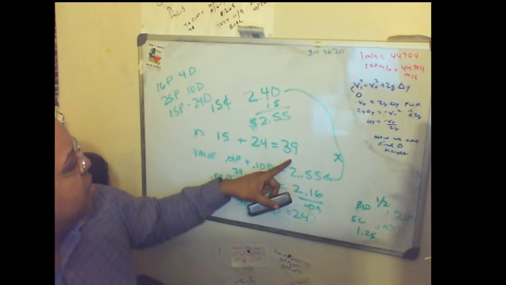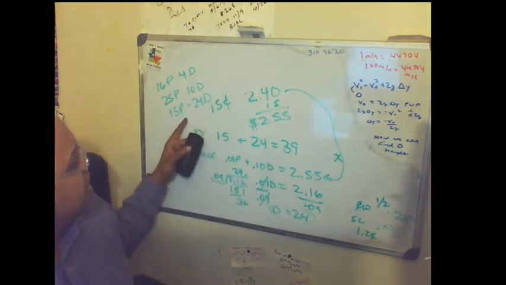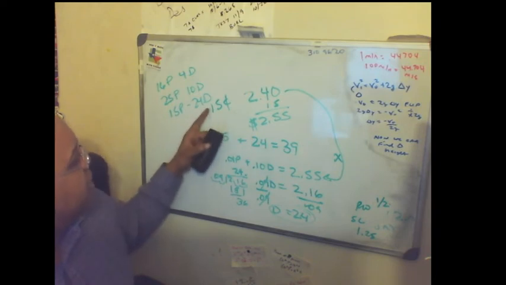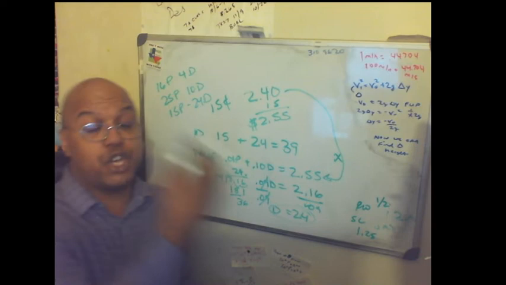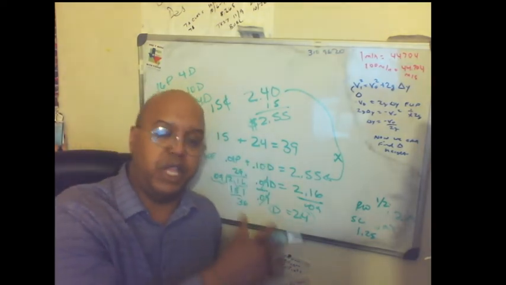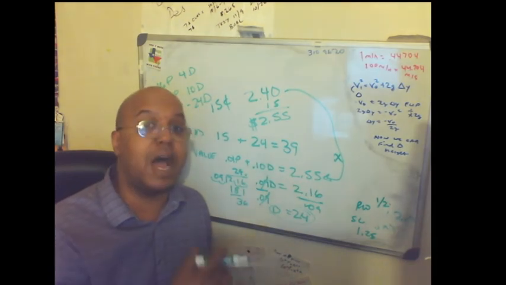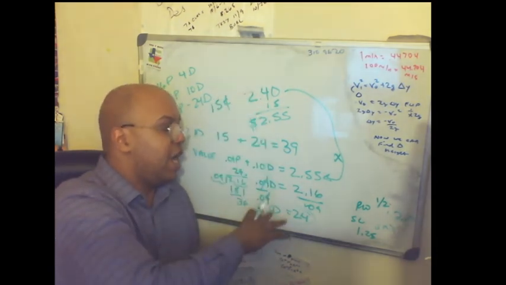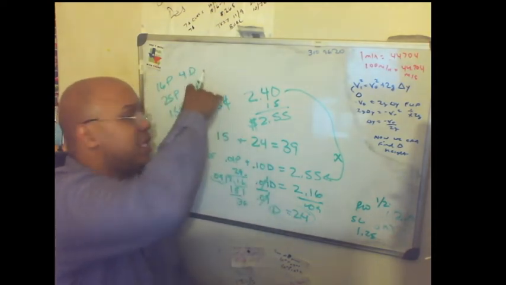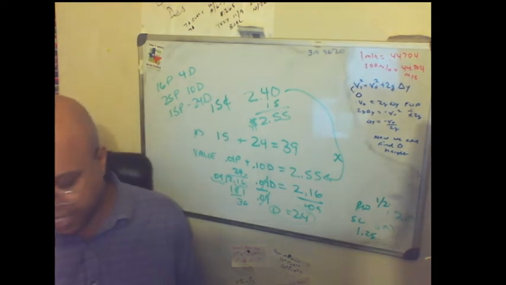All right. And then I would take the 15 pennies, the 24 dimes, and add it and see if it got to 255. So I showed you how to come up with it, but you have to decide what method you're going to use because you're operating in the element of time. So I show you how to execute it, but sometimes we can just pull the answer out if it's a multiple choice question, which this is a multiple choice question.